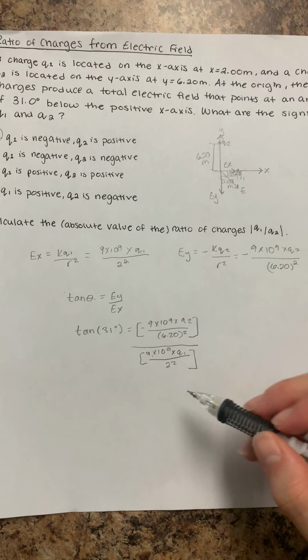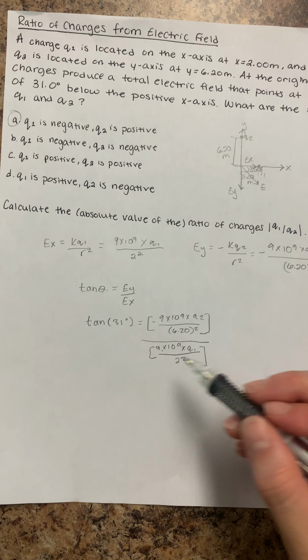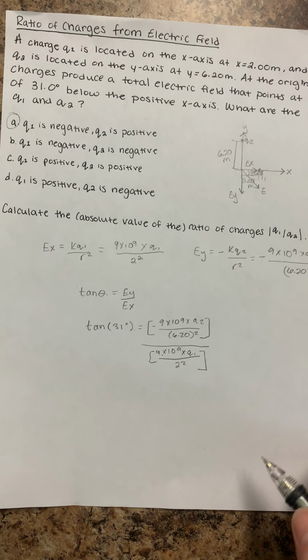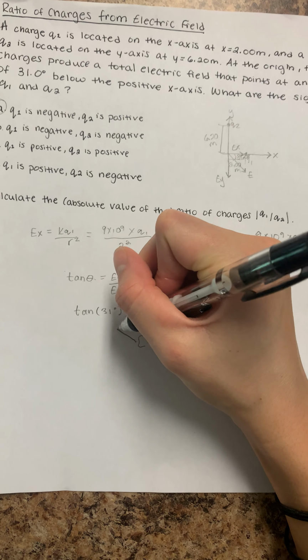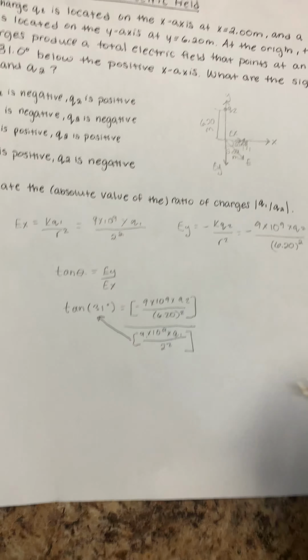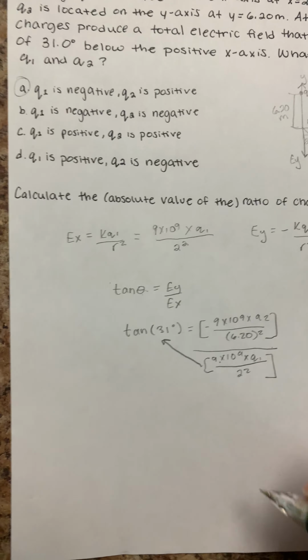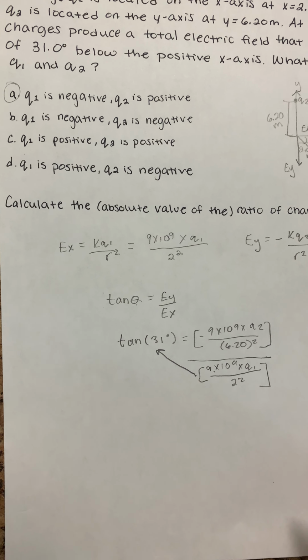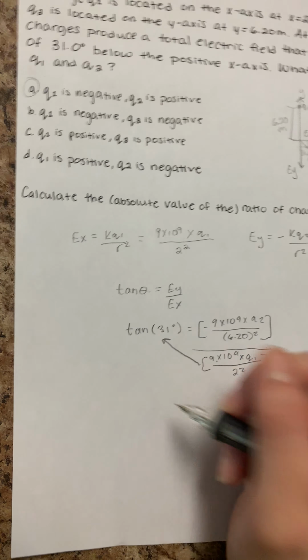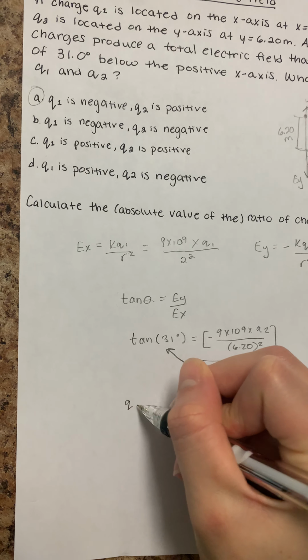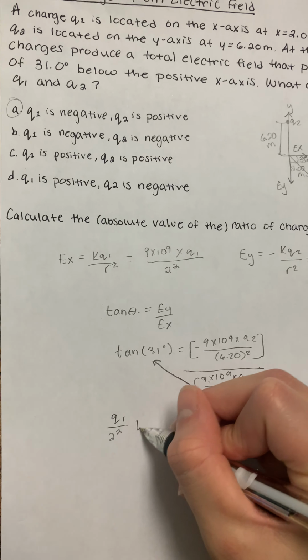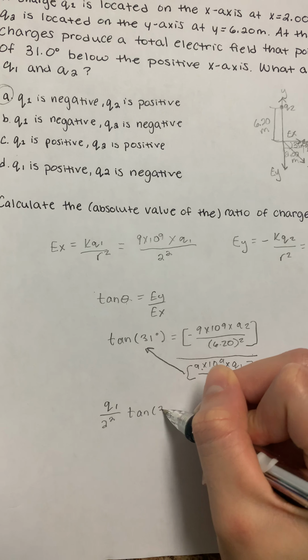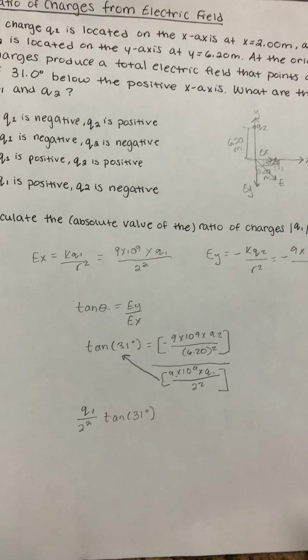What we can do is, since we're looking for the ratio Q1 over Q2, take our denominator, multiply it over. So that will give us Q1 divided by 2 squared, tangent of 31 degrees.